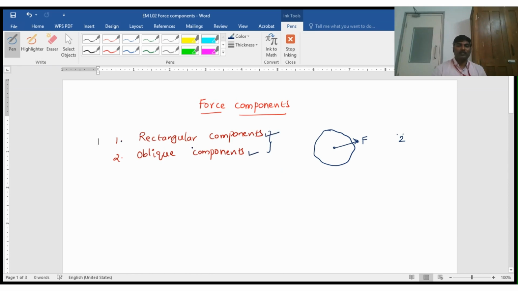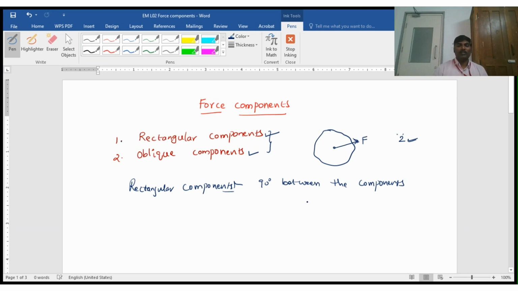What does rectangular components mean? Rectangular components means the two components that you are replacing the single force with shall make 90 degrees between them.